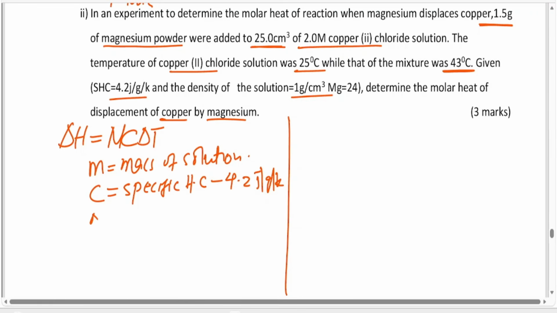Then we have the change in T. The change in temperature is 43 minus 25, and this is equivalent to 18 Kelvin.